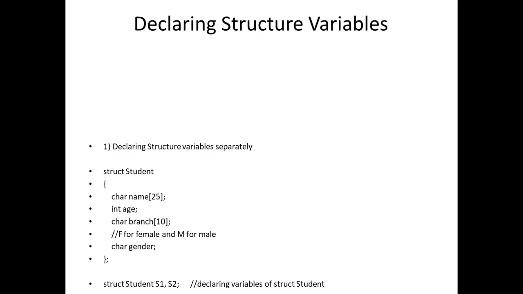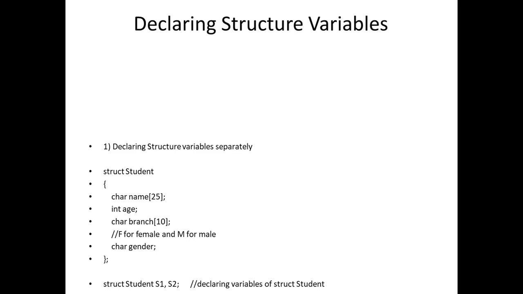Generally we declare variables like int x, y. What are x and y? They are variables of type integer. Here I am going to declare the two variables s1 and s2. What type of variables are s1 and s2? Those are student type variables.